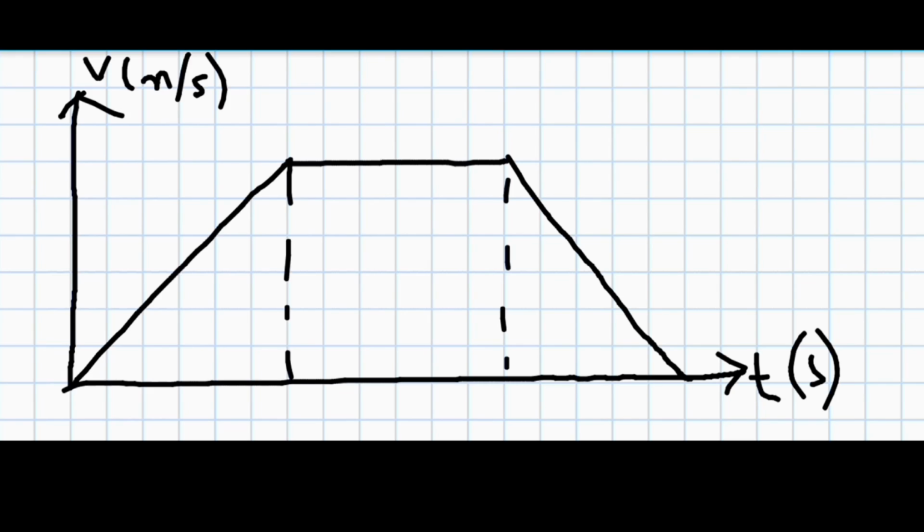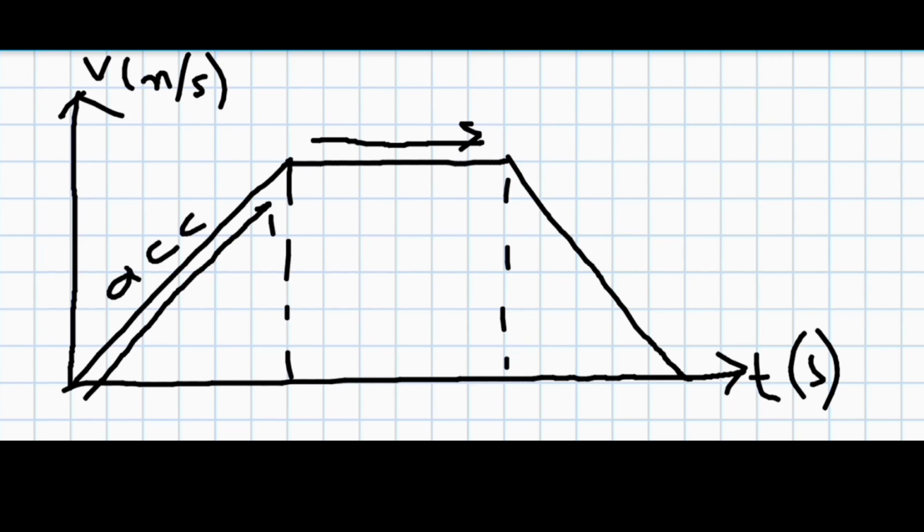On the first slant that goes this way, as pointed out, this slant gives information about the acceleration of the body in motion. Then we have a portion that goes straight without bending.